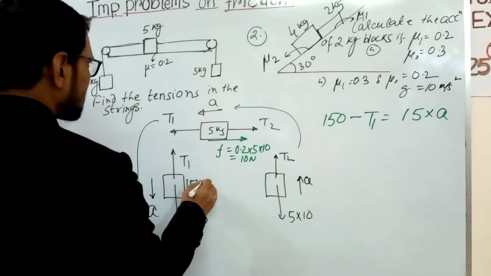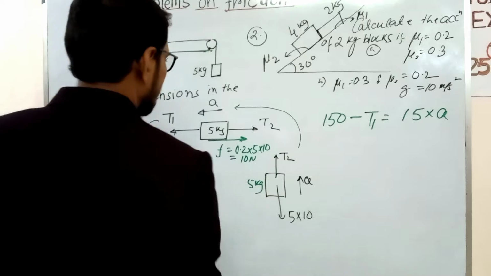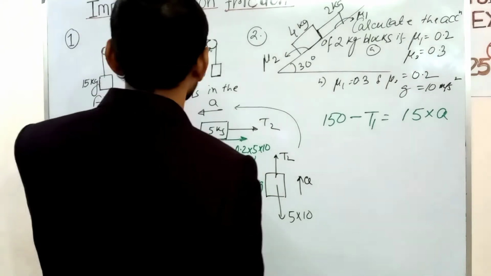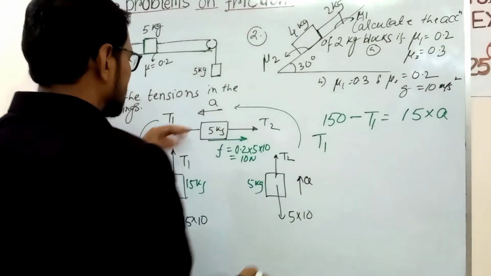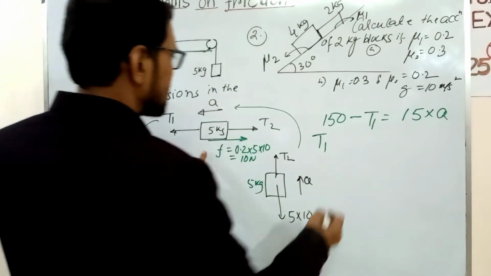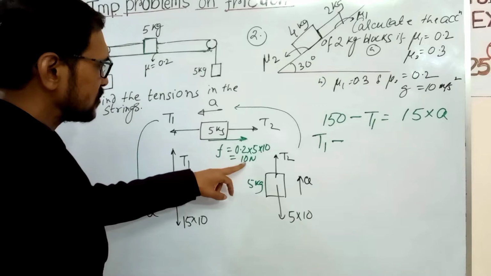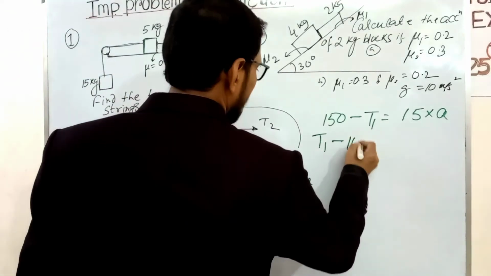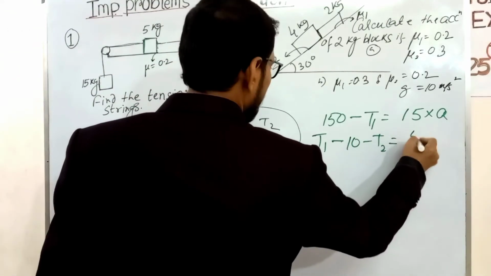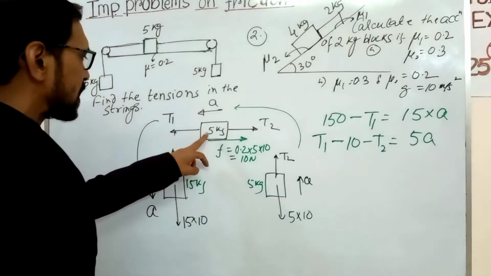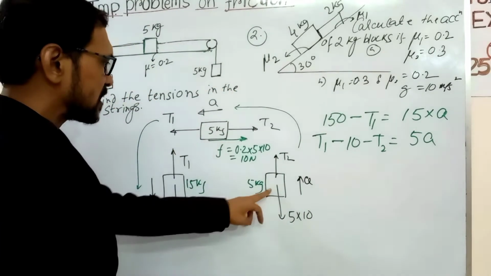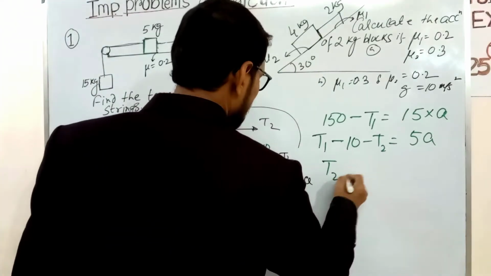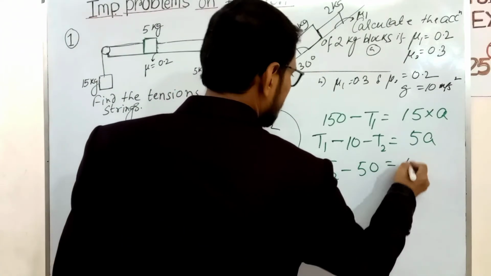Now the equation of motion of this 5 kg block: T1 in this direction, because the acceleration is in this direction, T1 minus the opposite forces, 10 Newton and T2. So T1 minus 10 minus T2 equal to ma, 5 into a. This is the equation for the 5 kg block which is placed on the table, and for this hanging 5 kg block the equation is T2 minus 50 equal to 5 into a.